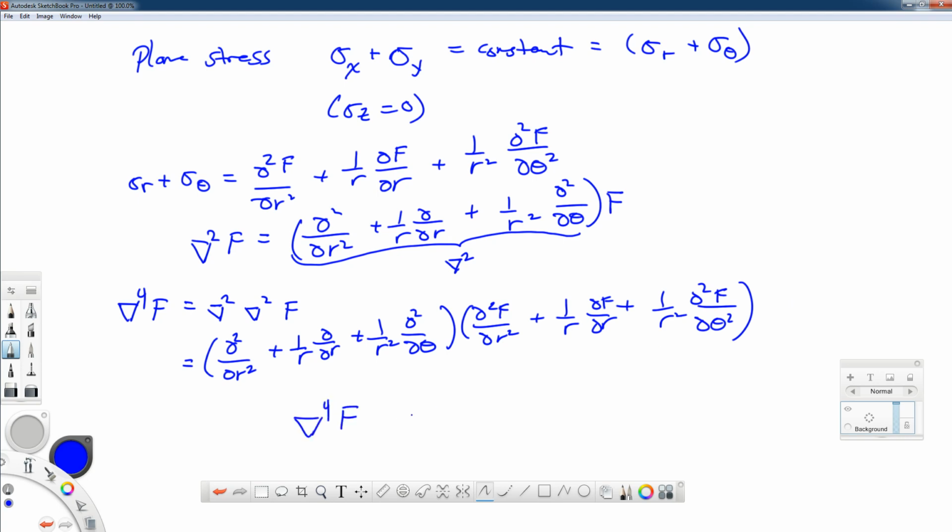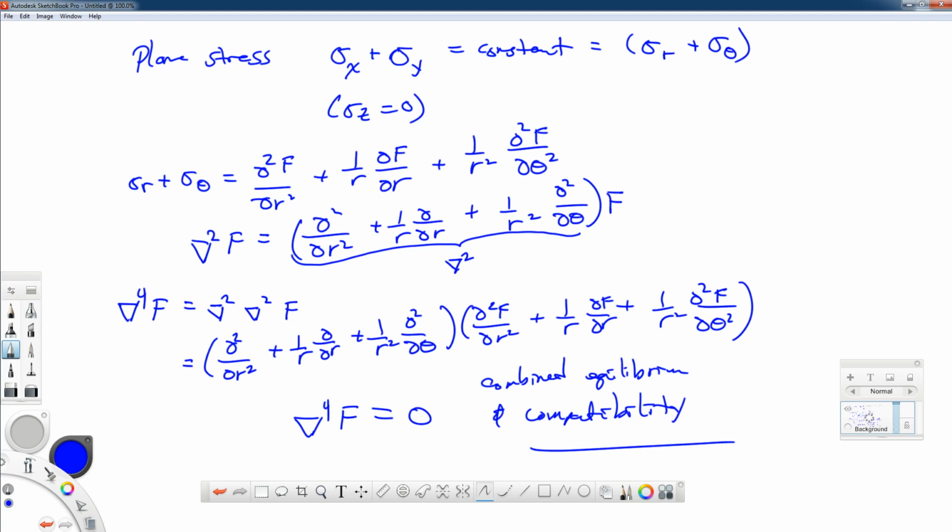And if we have f expressed in terms of polar coordinates, del fourth f equals 0 is combined equilibrium and compatibility for isotropic materials.